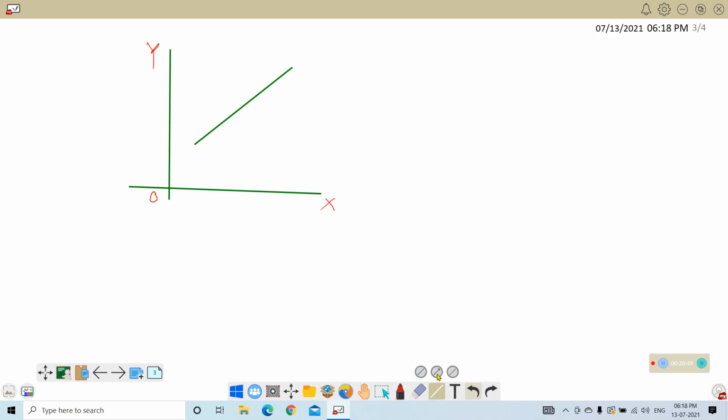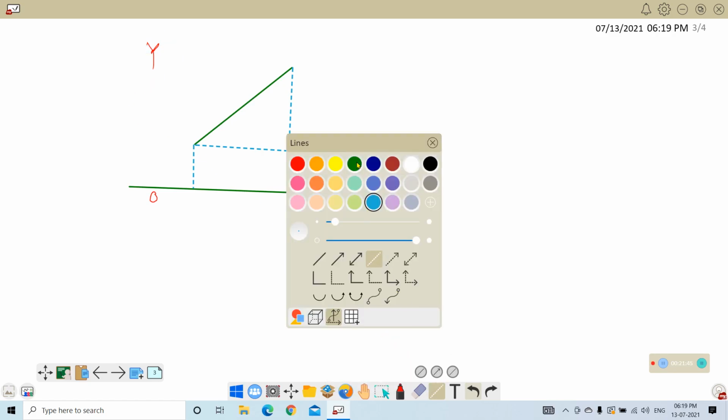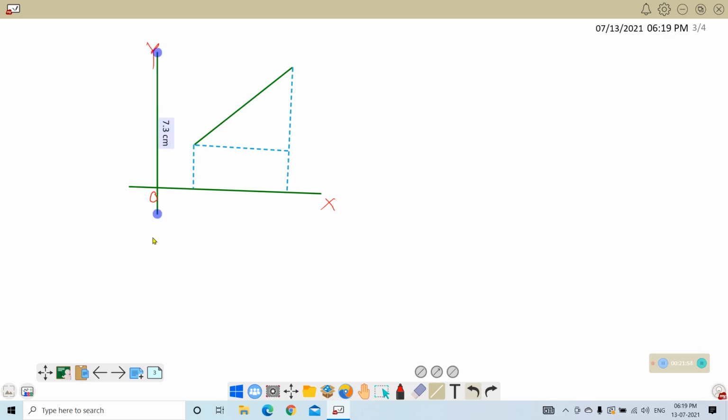So we have to write down again what is delta x and what is delta y for simplicity.